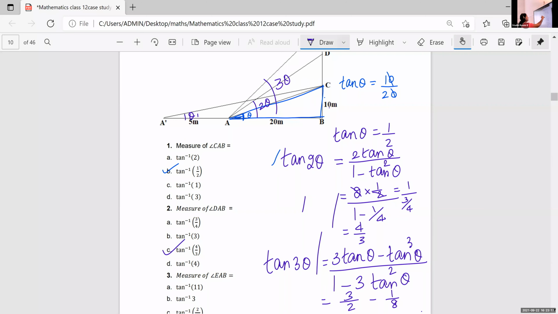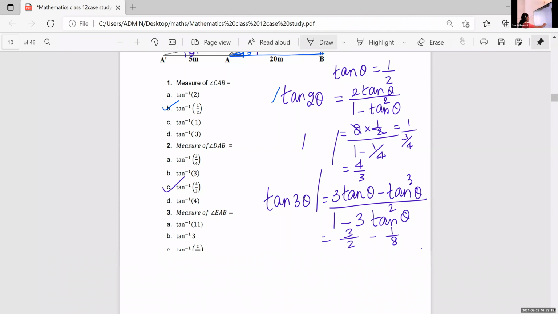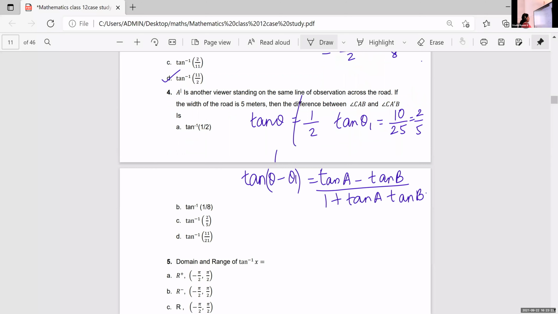So what is the thing you have to find here? Is it theta minus theta 1 or theta 1 minus theta? Yes. As we are coming closer to the object, the angle is bigger, so it is theta minus theta 1. Now write the formula. It is tan A minus tan B by 1 plus tan A tan B. Apply the values.